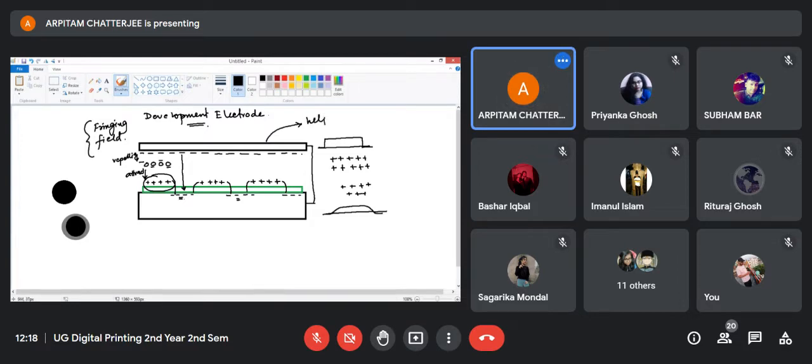that it helps to maintain the intensity, or you can say intensity or density, of toners uniformly.